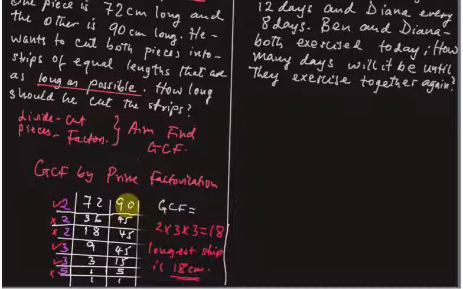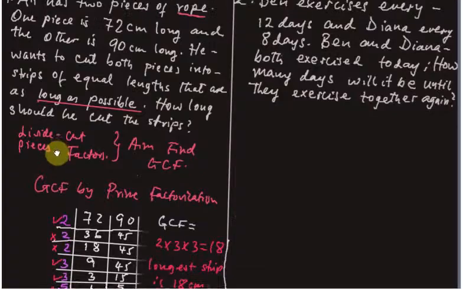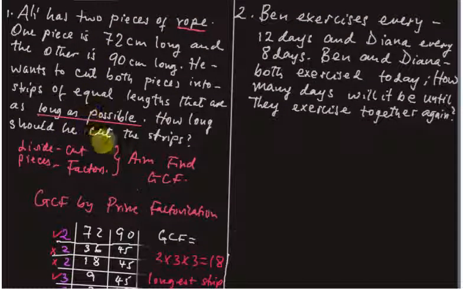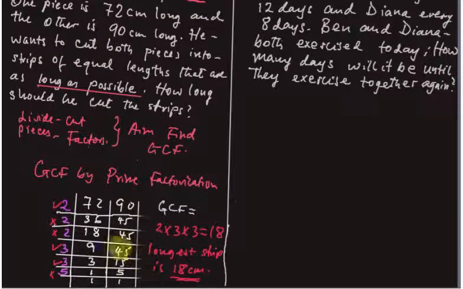Now you see that we have solved the daily application. This is how we can apply GCF in our daily life, or to solve questions which are related to GCF. All right, so application is there, and we really have to study this thing.